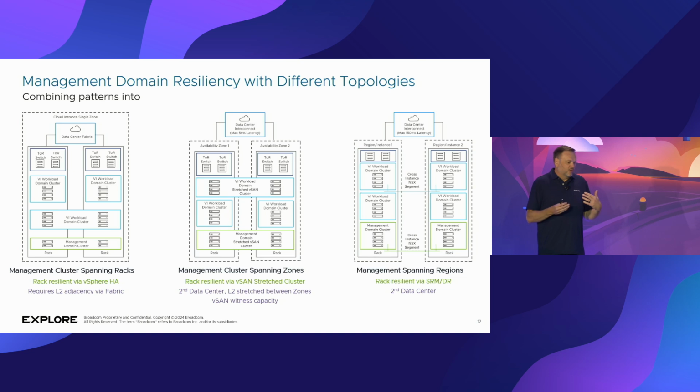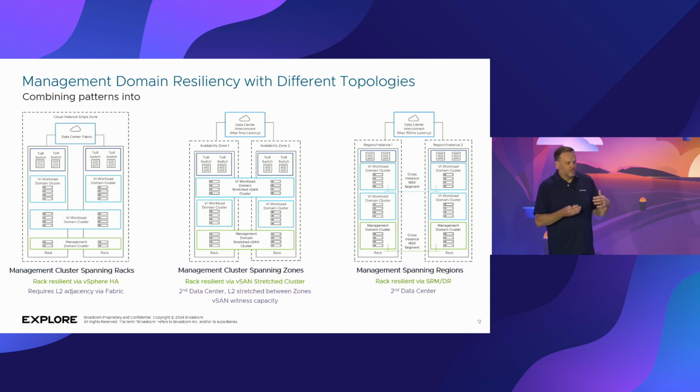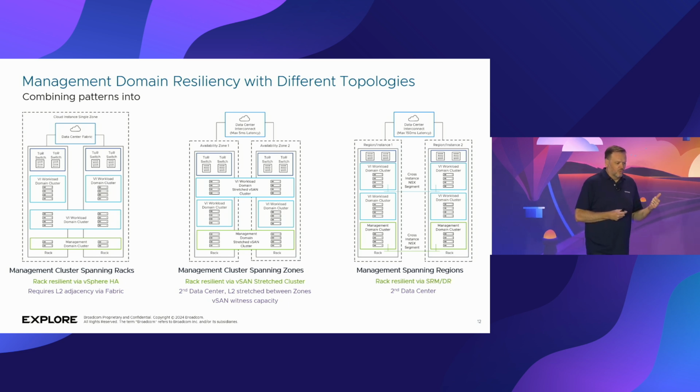And so, as an example, how do we look at that across different topologies? In this example, we're talking about management domain resiliency, right? On the far left here, we've got a single cloud instance, a single zone, and a rack-resilient management cluster, right? And then in the middle, what's the issue there?